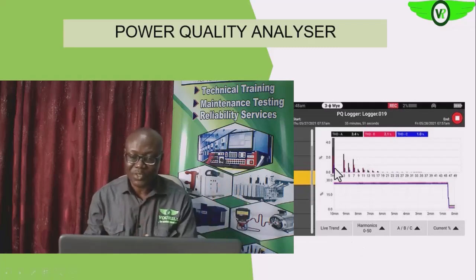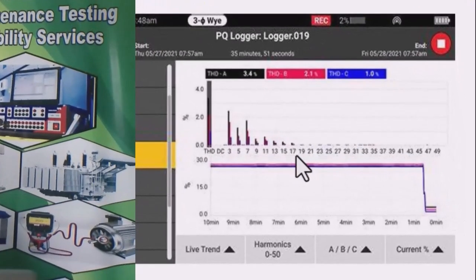So this gives us the beauty. Remember these triplen harmonics, 3, 9, 15, 21 and 27, they are the most problematic harmonics.